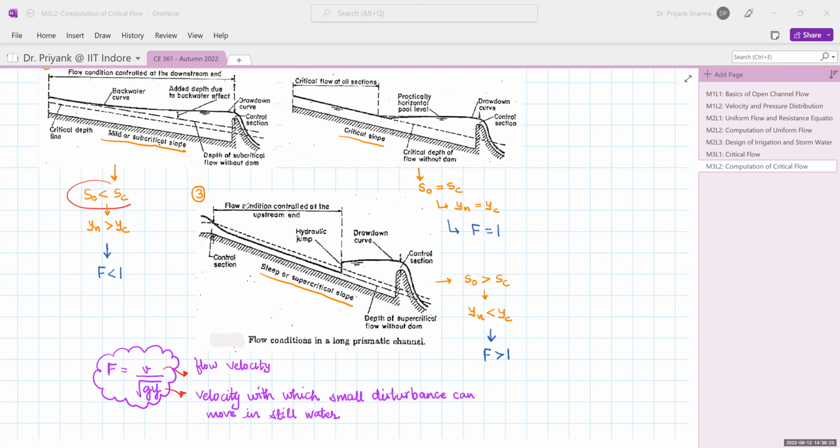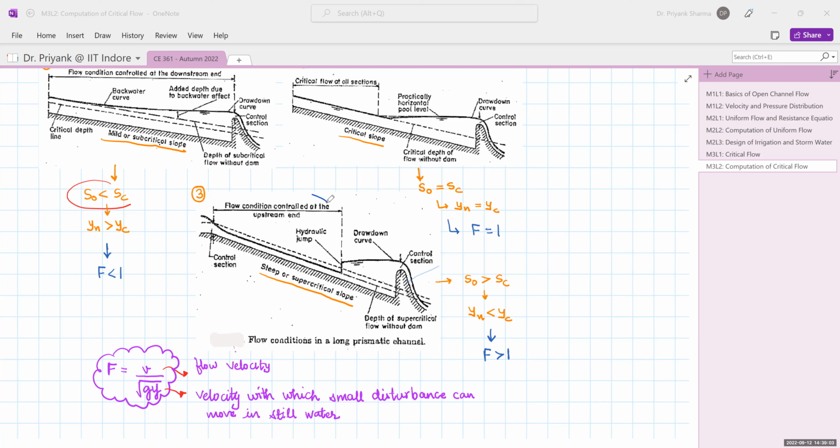While in case of a supercritical flow, your velocity is high and stage is low, so any disturbance can only travel downstream. It cannot travel upstream because the velocity of flow is high compared to the velocity with which the disturbance can move in still water. So subcritical flow is affected only by the downstream conditions, while supercritical flow is affected by the upstream conditions and there is no role of the downstream conditions.